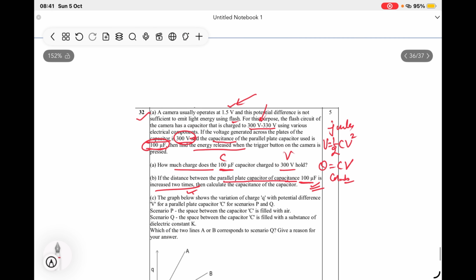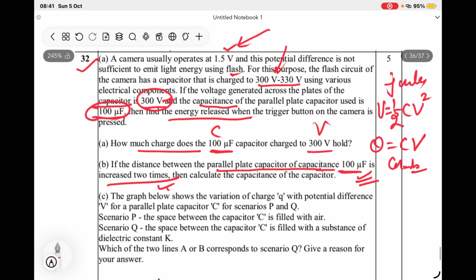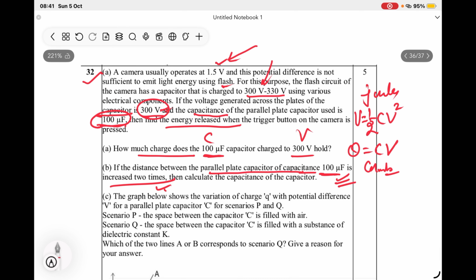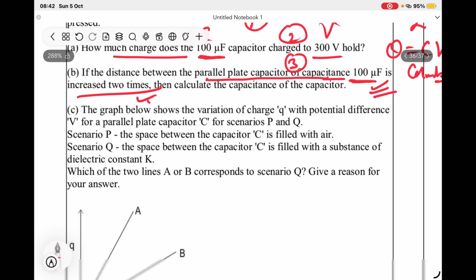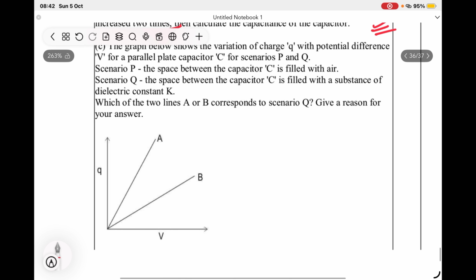So let's see the next part of the question. You can see in 5 marks how many questions they have put up here. Energy released, but it is easy. Then charge, and then the effect of distance. 3 questions this, and then there is the C part. In that they have given this Q versus V graph.